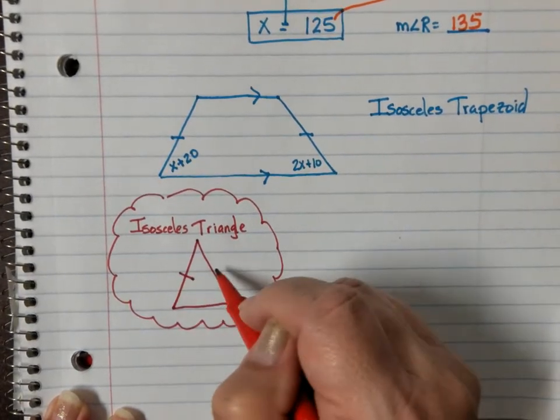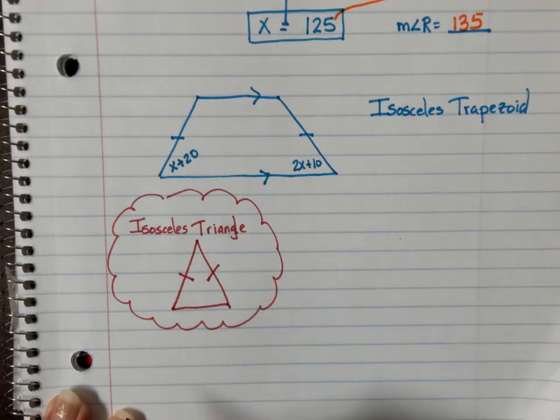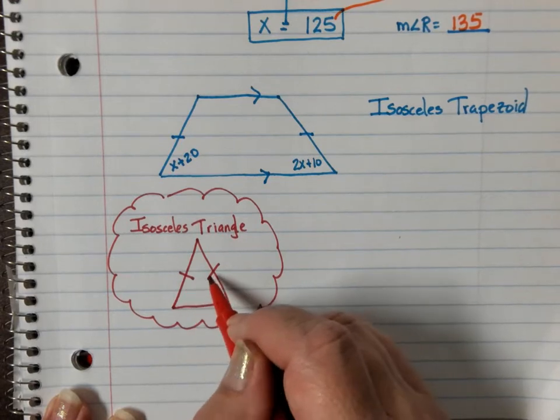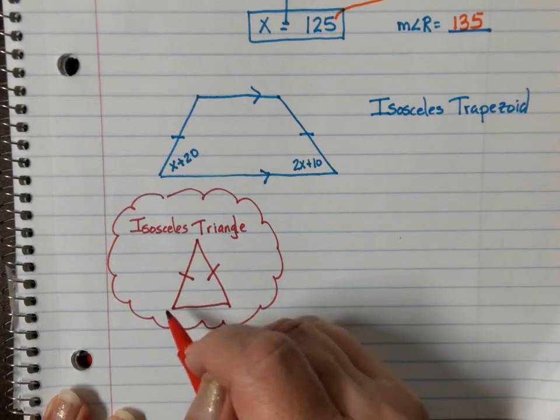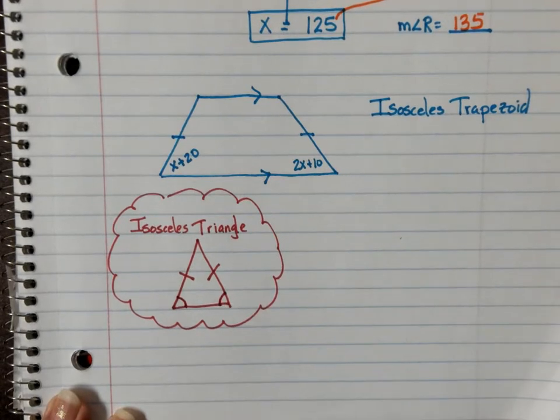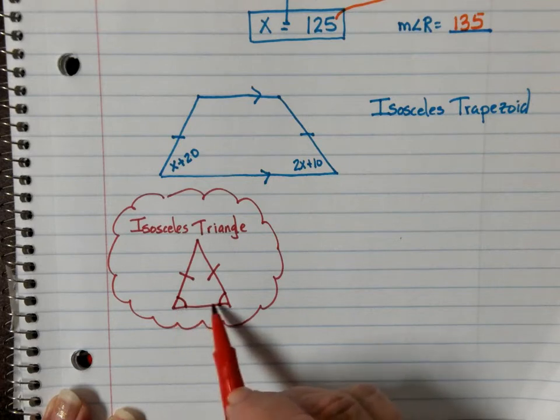So an isosceles triangle looks like this. These two sides are congruent. And what we learned in isosceles triangles is if these two sides are congruent, the angles across from them, called the base angles, are congruent. So if these two sides are congruent, then these two base angles are congruent.